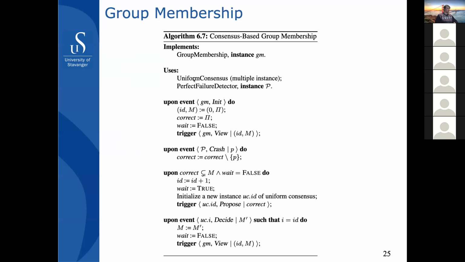So initially, the group membership starts off with everyone is correct, and it will be the view one, and whenever a crash is detected, it excludes this from the correct set.